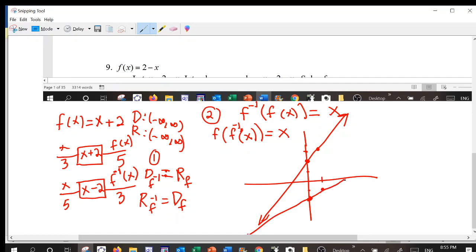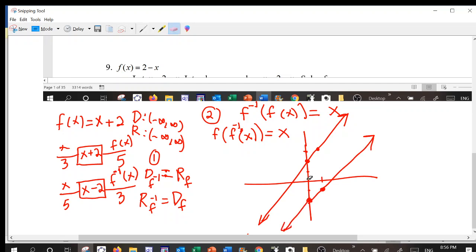So these are parallel, as you see, because they have the same slope, right?